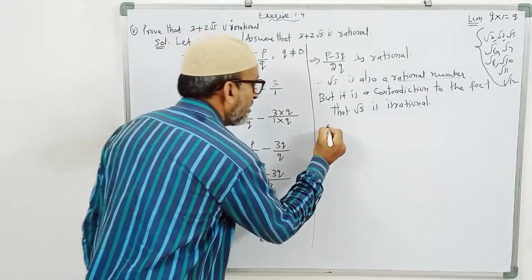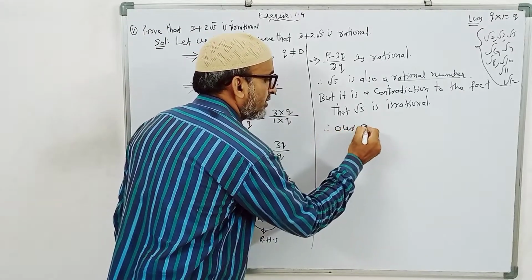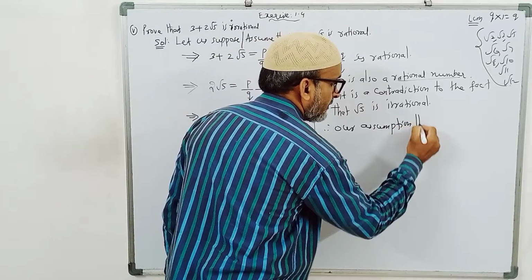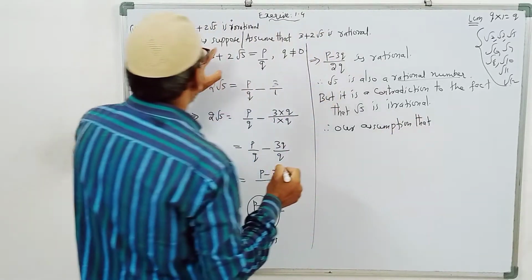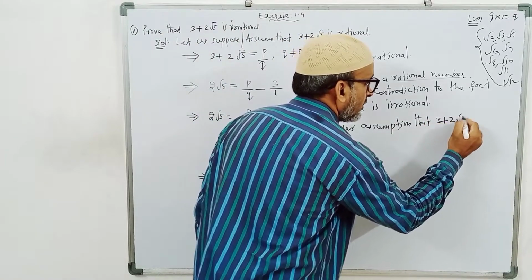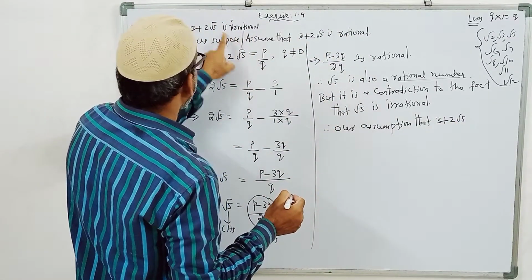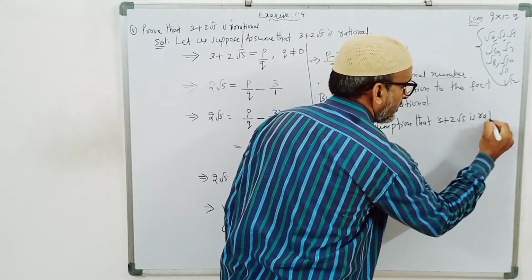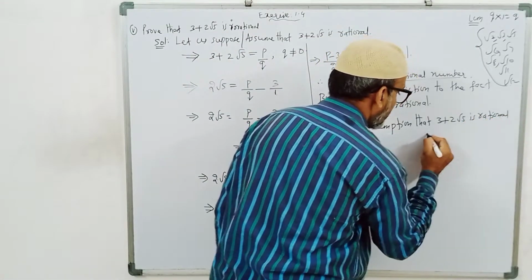Therefore, our assumption that 3 plus 2 root 5 is rational is false.